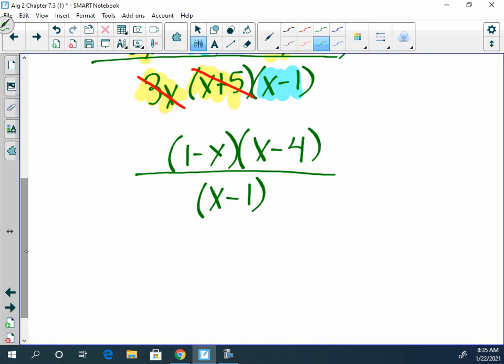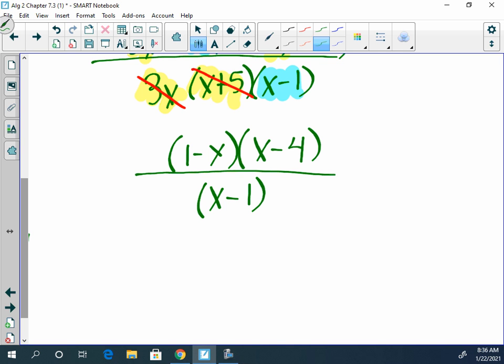Because there might be a 1 that we could pull out. 1, but what kind of 1? Because if I pull negative 1 out, what happens to the sign if we pull a negative out? A positive becomes, and a negative becomes.